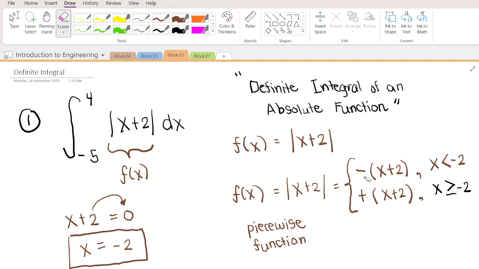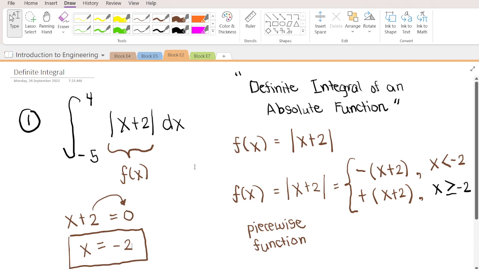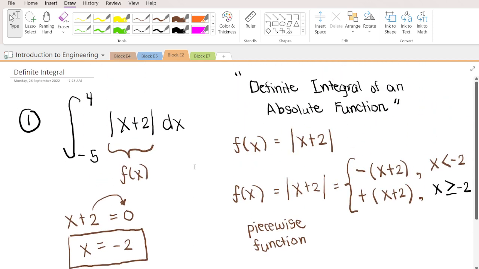I think I said differential equation earlier, but I meant definite integral. Maybe I blabbered some words which are not related to the definite integral. But anyway, what's the next thing that we're going to do here?